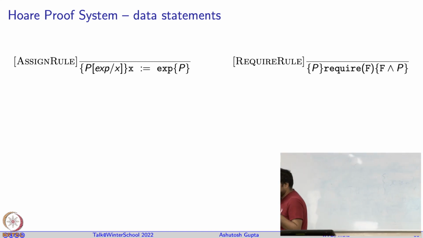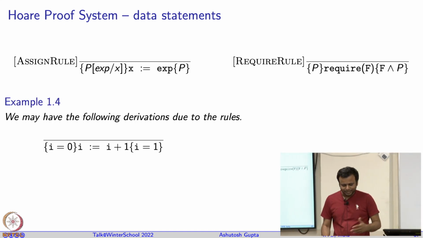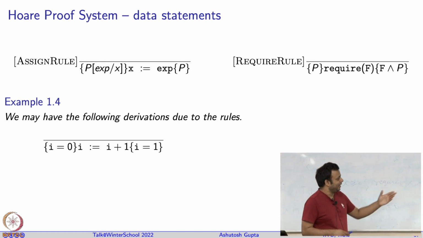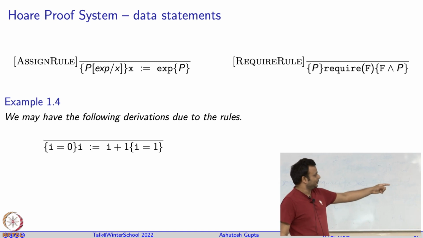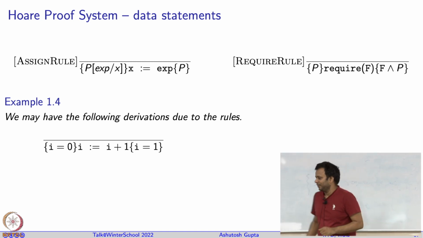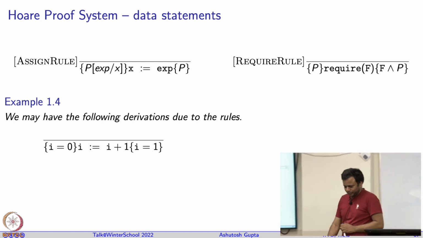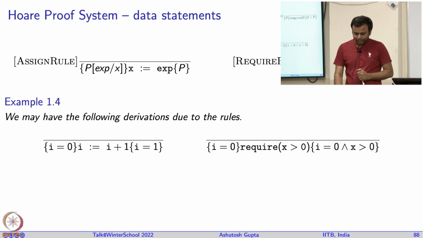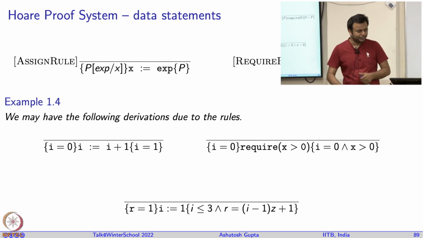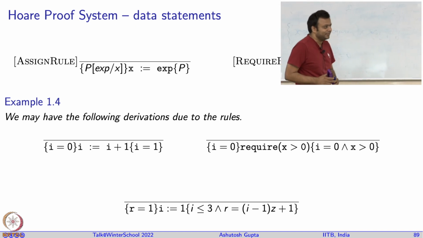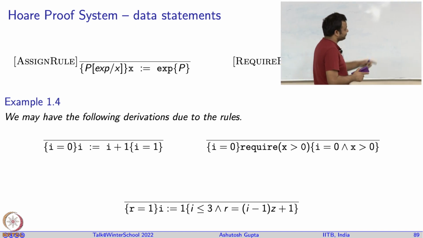But yeah, a few examples I have shown you already. So i equals i plus 1: you just put i plus 1 there, and it becomes i equals 0. We have already done that. We have dealt with require also, and this is one interesting example, coming from our own example.